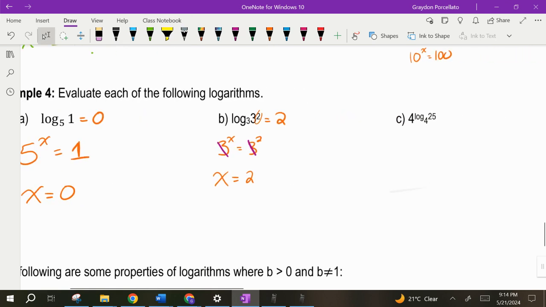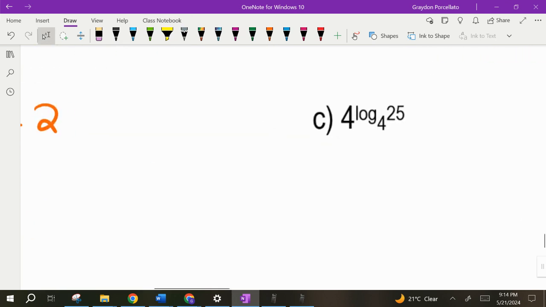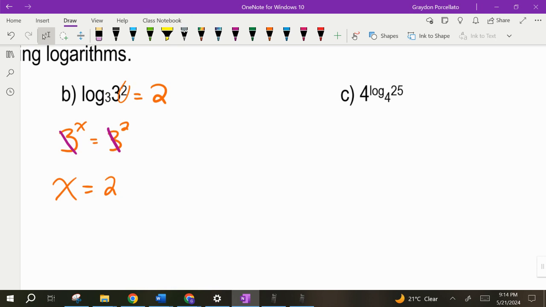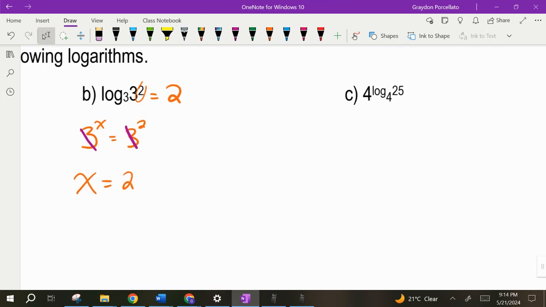And the last one, this is kind of like the one we did up there. First, we would have to evaluate this piece. Okay? So 4 to the power of what is 25?